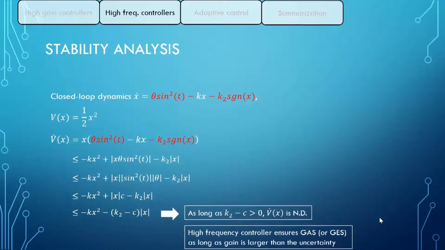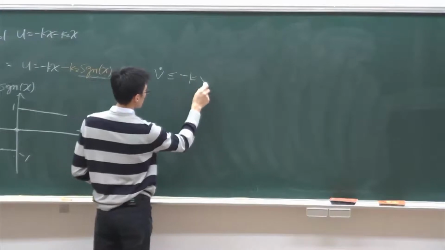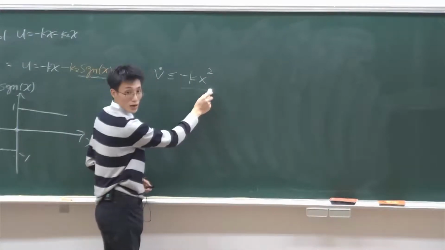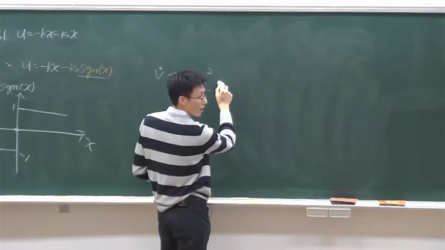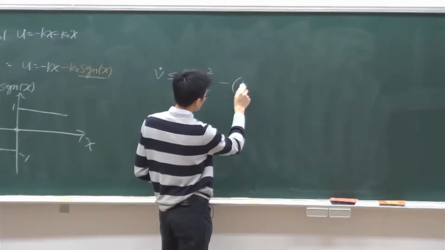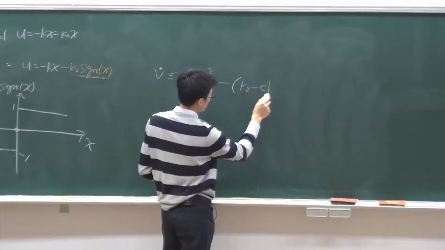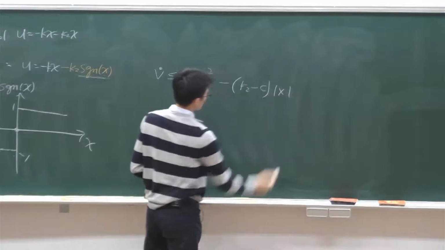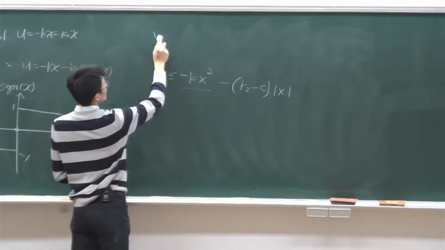I guess you already forgot what happened in high gain control with the K2X term. Let me write down this term here. V dot is upper bounded by minus K2X, same as before, and minus K2 minus C X squared.